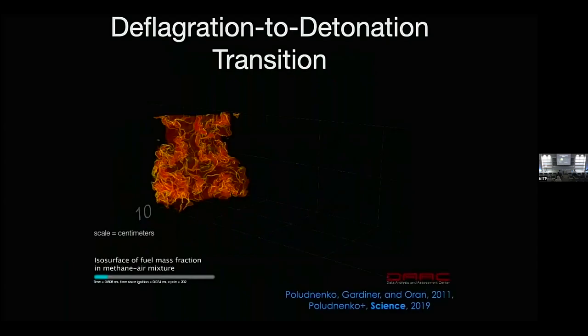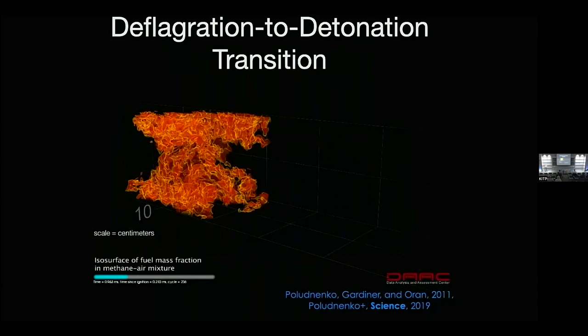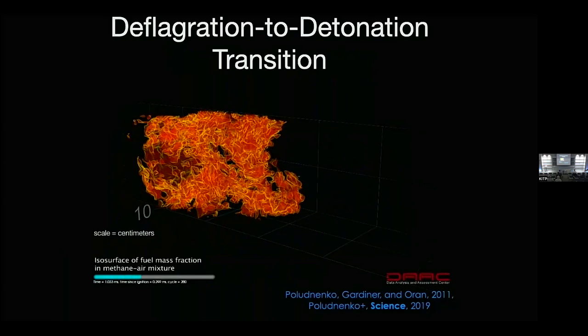So to motivate the next part of the discussion, I'm going to show a numerical simulation that was done by Alexei Polidenko in 2011 and was elaborated upon in his Science paper in 2019 that shows the deflagration to detonation transition that originates in a very strongly turbulent medium.